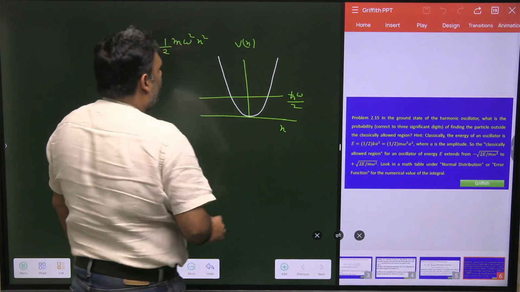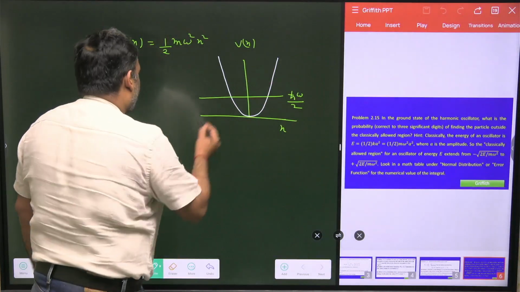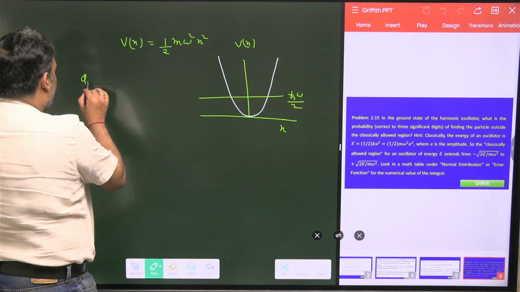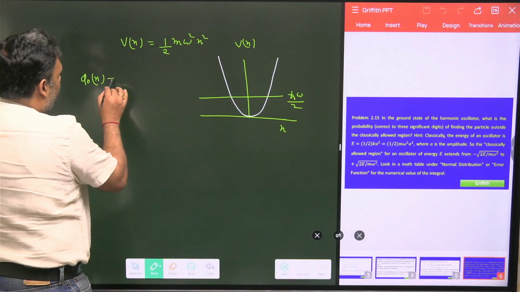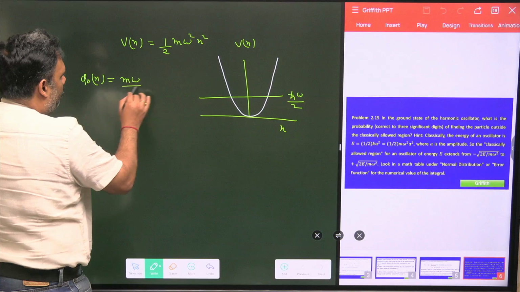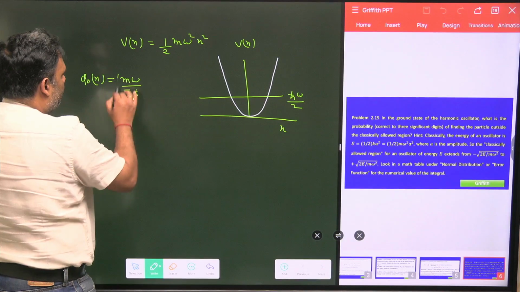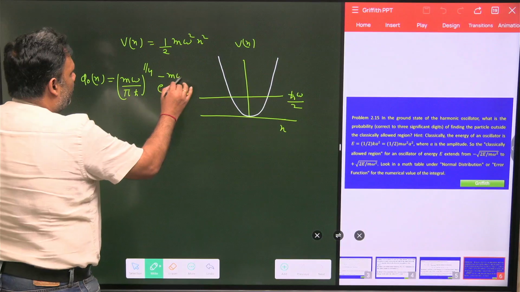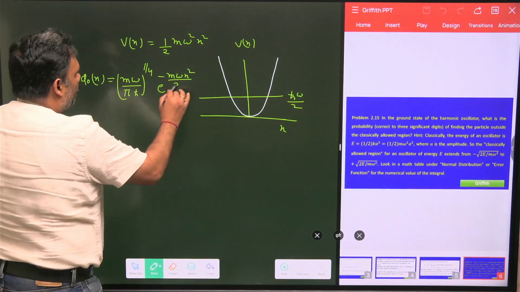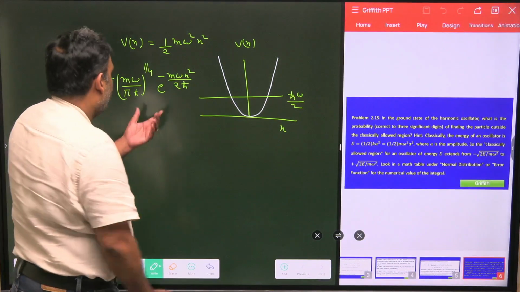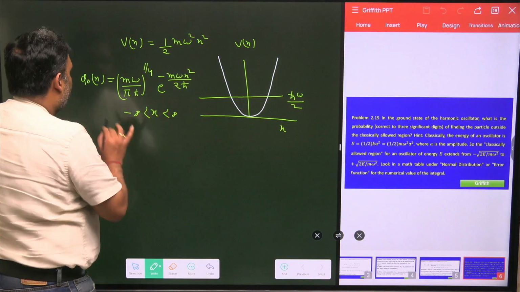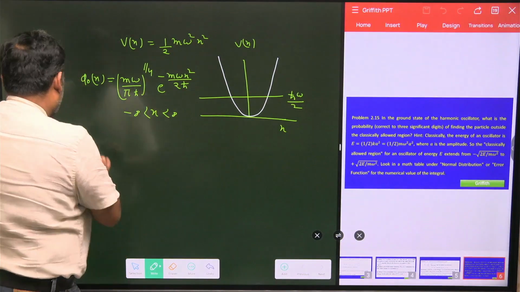If we are going to plot the probability distribution, for that we need a wave function. The wave function is phi naught, equal to (m omega upon pi h cut) to the power 1 by 4, e to the power minus m omega x square upon 2 h cut, and obviously x is between minus infinity and plus infinity. And what will be the probability density?